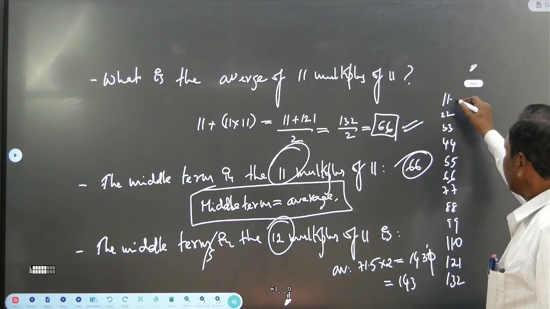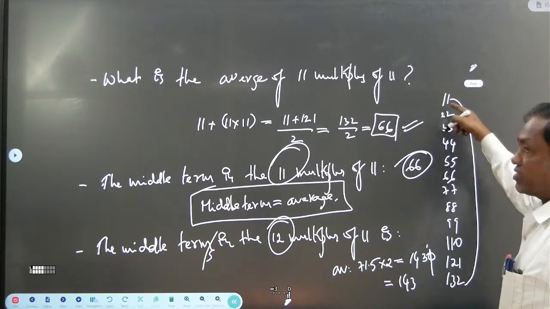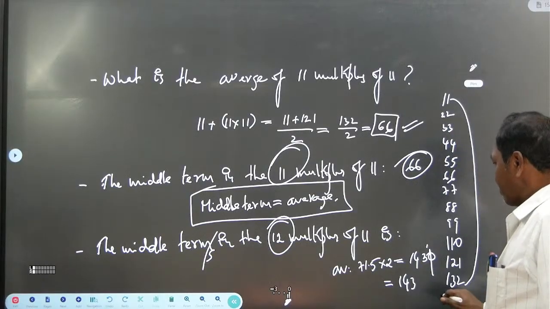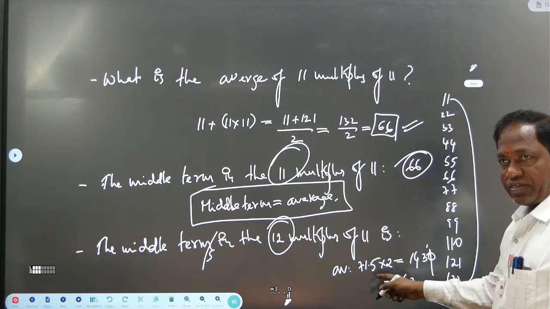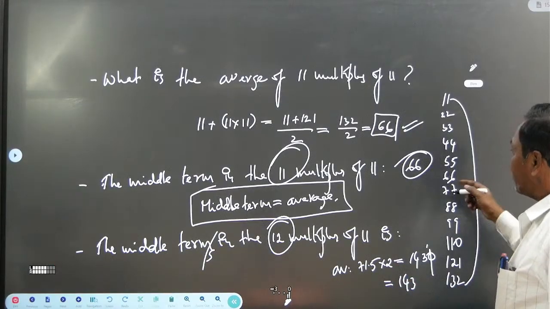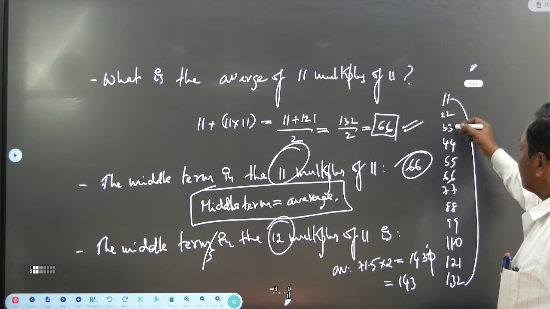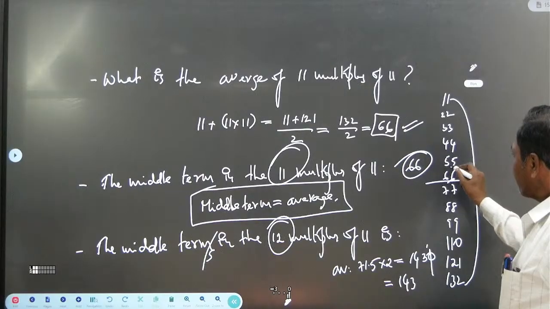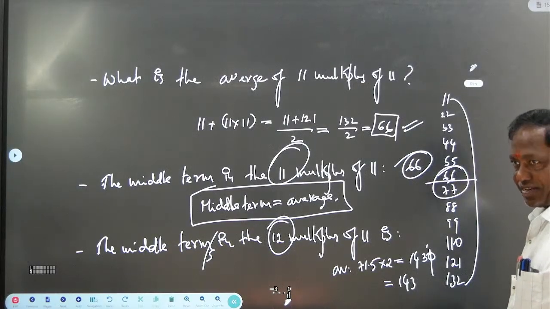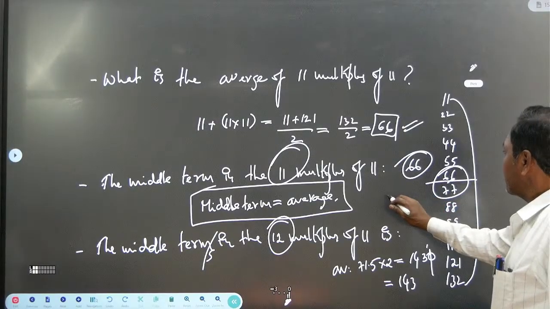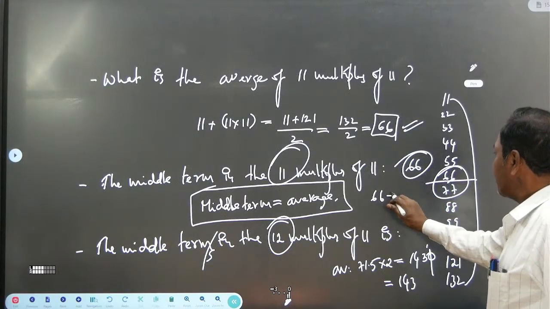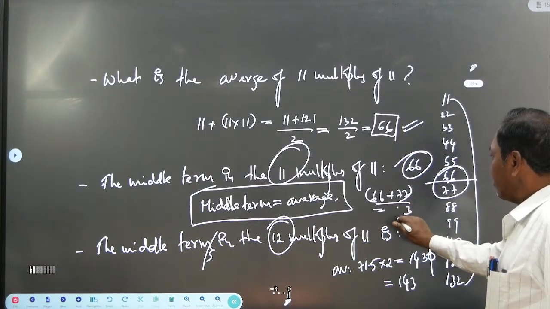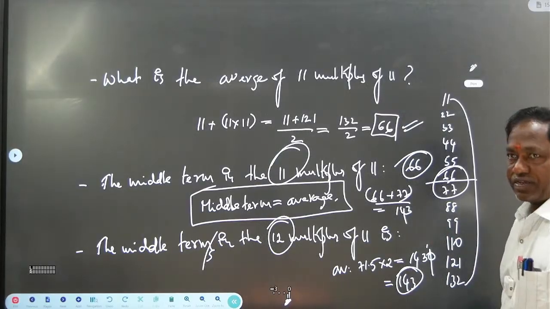And what is the average now? 71.5. 132 plus 11 total gives 143, that is the sum. You can see the middle terms come like this: 1, 2, 3, 4, 5, 6. There are 12 numbers. You have to take both numbers, 66 plus 77. How much is this? 143. That's why I put 143.